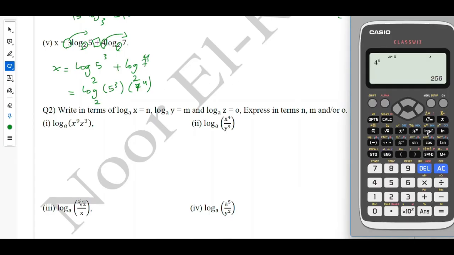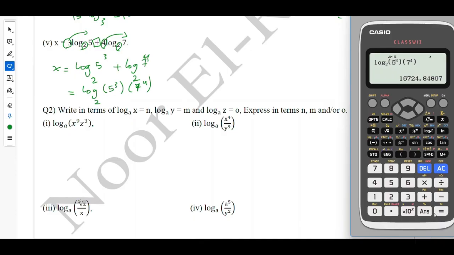To get the answer, base 2, I'm talking about 5 cubed and 7 to the power 4, which equals, oh, do it again, 16,724.